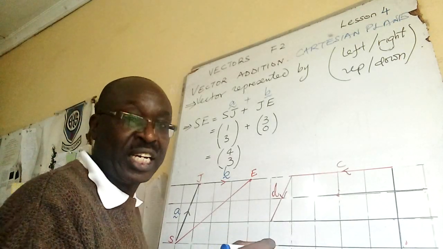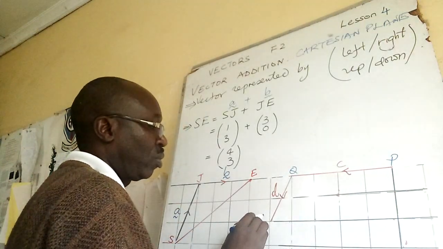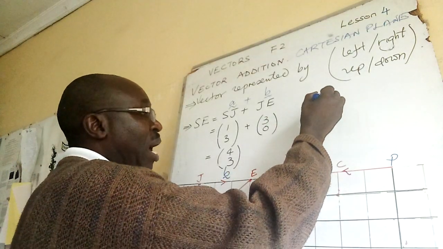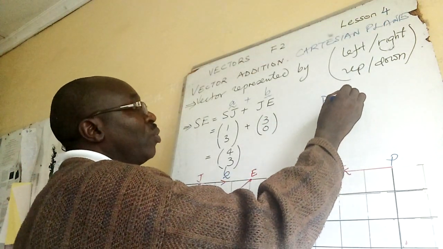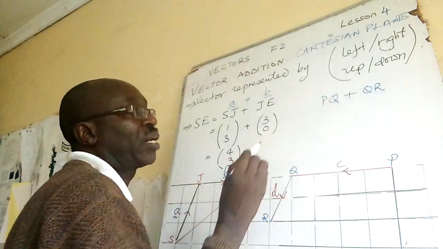Let us give it letters, maybe P, Q, R. So what am I doing? I'm doing PQ, you add to QR. That's what we are doing.